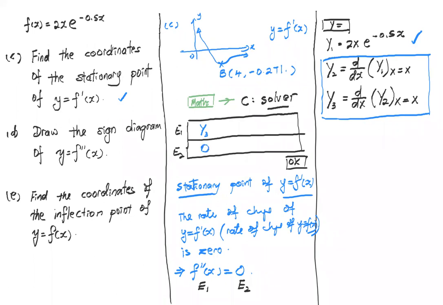Are you okay now? Okay, then you press OK. So under your screen, it will come out y3 equal to 0. Got that? Then below here, there is an x value.